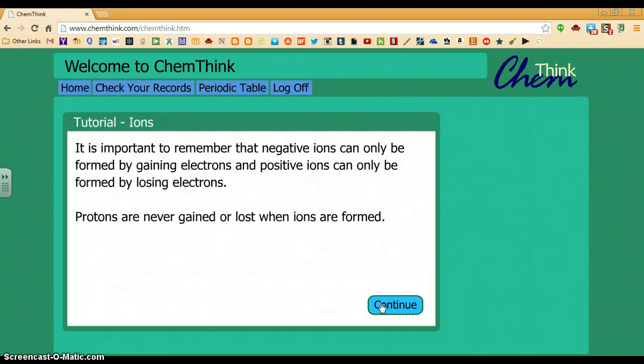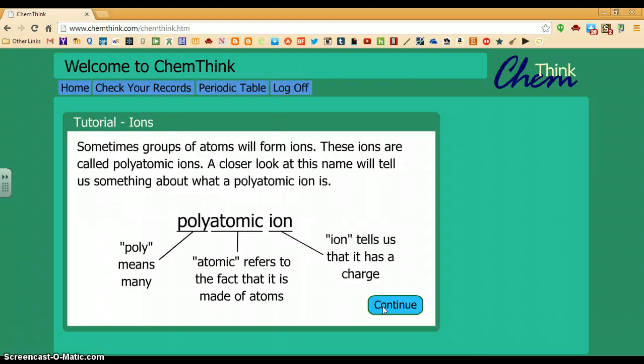It is important to remember that negative ions can only be formed by, so I talked about this a bit. Remember, negative gains, positive loses, which is weird, but you gotta think about it like that when you're talking about periodic elements. Protons and neutrons don't change in ions.